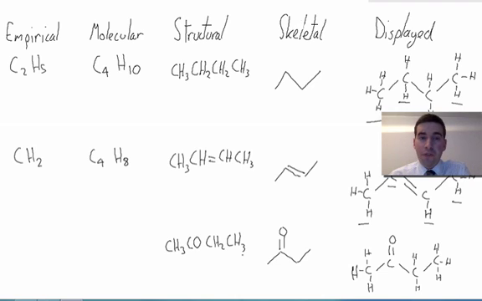Now notice with the structural formula, I have a double bond, but it's a double bond to an oxygen. So you don't need to put that in your structural formula. It's presumed knowledge based on the amount of atoms and the amount of bonds they would make.